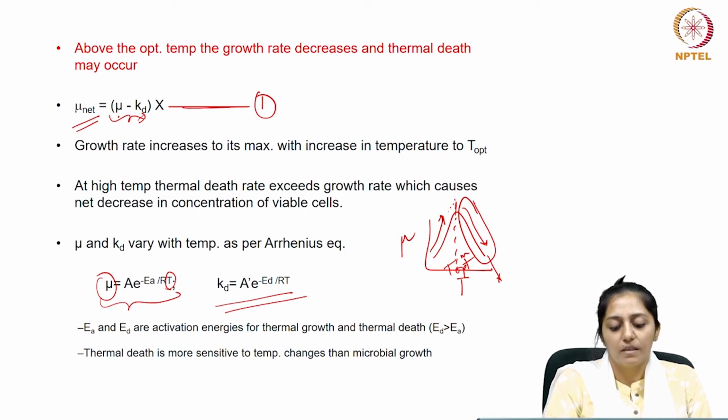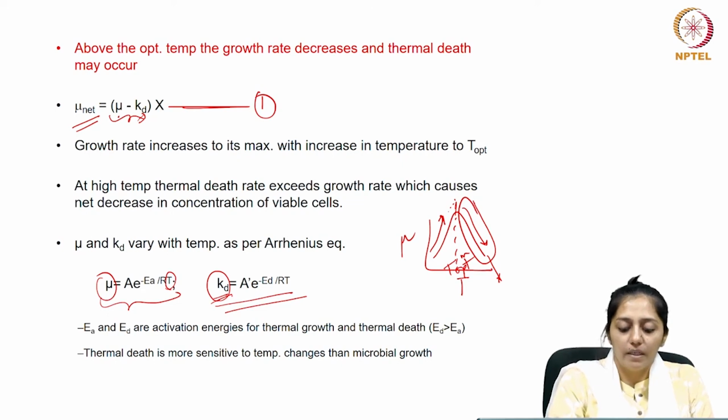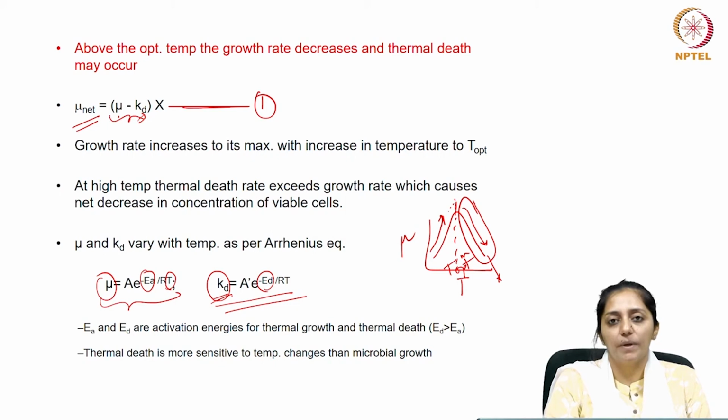The difference is that the death rate would now have a negative sign, and it is demonstrated as Kd, the specific death rate. Now, Ed and Ea, I hope you remember the Arrhenius equation. Ea is your activation energy for thermal growth, and Ed stands for the activation energy for thermal death.